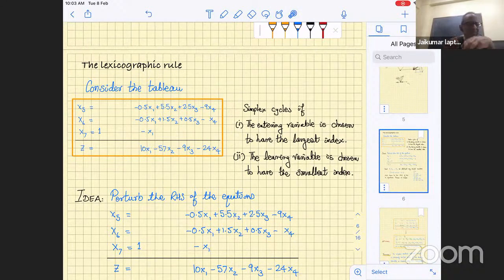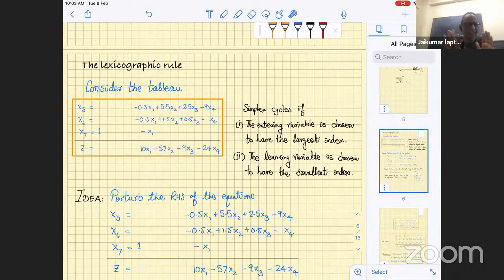But some of the non-negativity constraints also get satisfied with equality. The independent variables are 0, but some dependent variables are also 0. And that means more than the required number of hyperplanes are passing through a vertex.